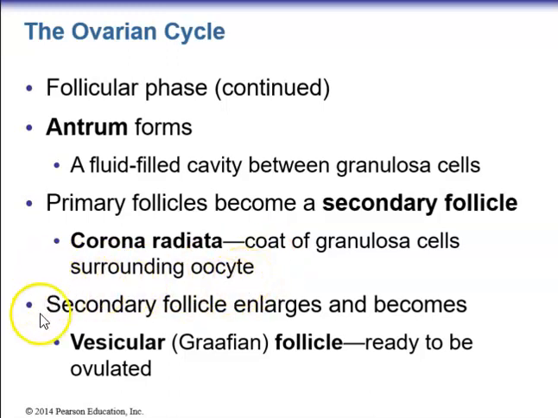The secondary follicle will enlarge and become a vesicular or Graafian follicle. It's this follicle that is ready to be ovulated. So in the skit, we had a Miss Graafian follicle pageant, for the follicle that has been picked to be ovulated.